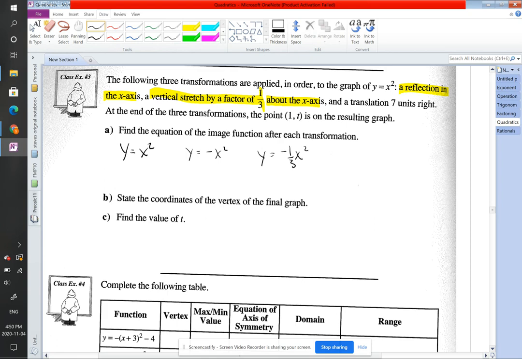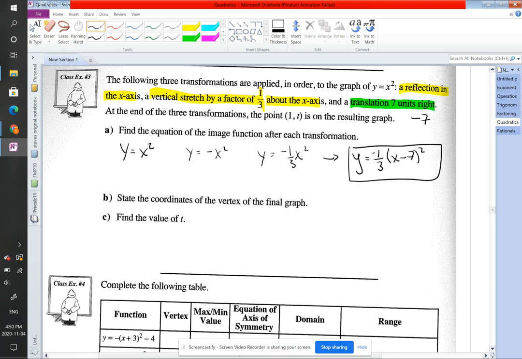And the last thing we're doing is a translation of 7 units to the right. 7 units to the right is going to be negative 7. So this becomes y is equal to negative 1/3, and that's a p-value, so it's (x minus 7) squared. And that's our equation right there.